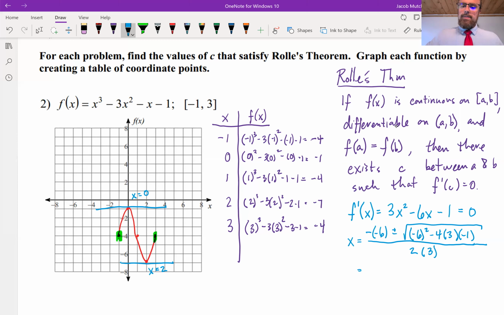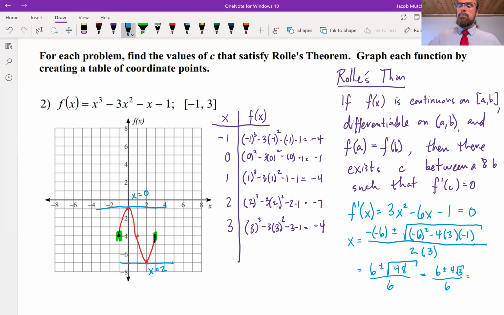So that's going to be 6 plus or minus, if I evaluate that discriminant, -6 squared is 36, -4 times 3 times -1 is positive 12, so that's 48 under the radical over 6, and then 48 is 16 times 3, so this would be 6 plus or minus square root of 16 is 4 square root of 3 over 6. And then I see I've got a 2 I could divide out of those 3, 6, 6, and 4.